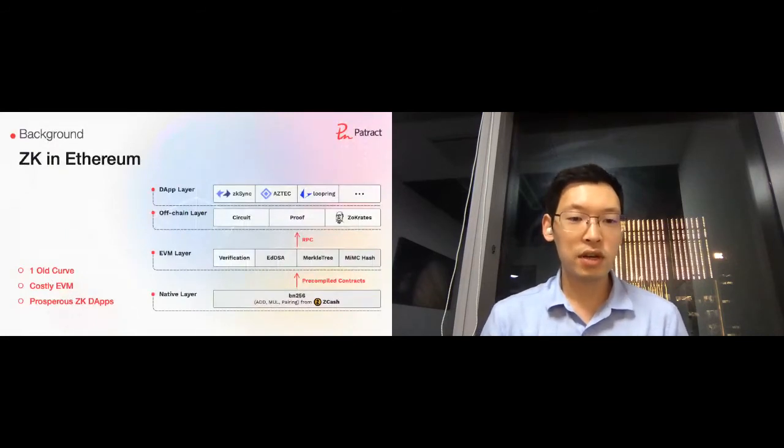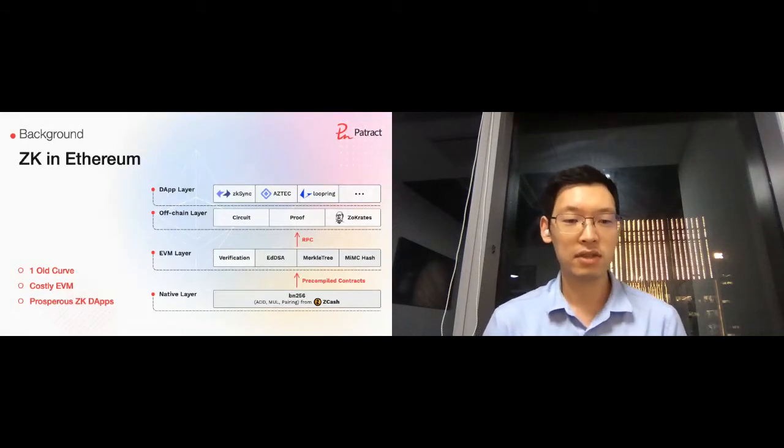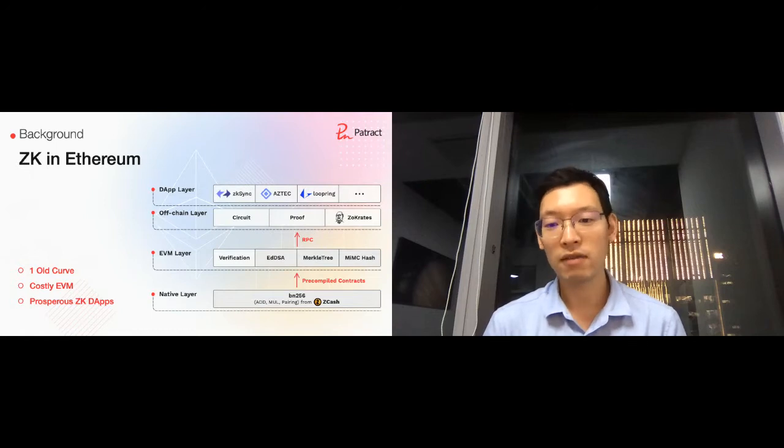Before introducing how we support ZK for Polkadot WASM contracts, we need to first understand the architecture of ZK in Ethereum. In 2017, Ethereum added 3 pre-compiled contracts of add, mul, and pairing of the BN256 curve.